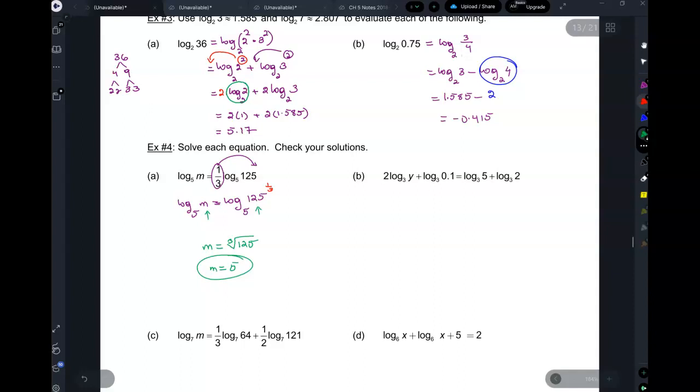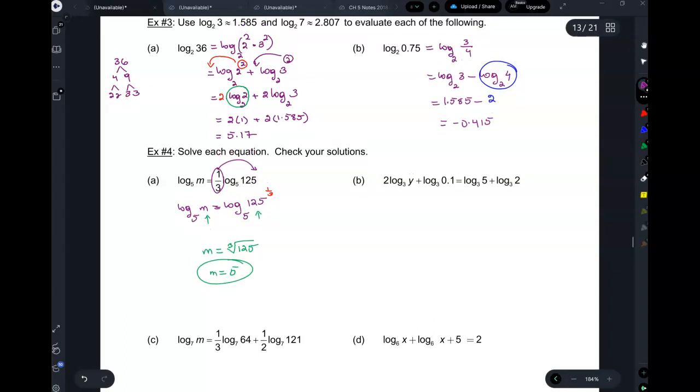Questions? Okay, what about this one? This one here is another issue because now I have more than one log on each side. You should only ever have one logarithm on each side of the equation. So what we're going to do is condense them.